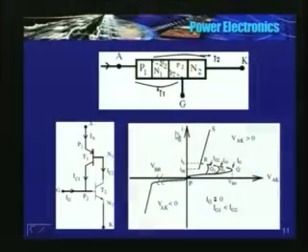So therefore, when it is reverse biased, the entire voltage should be blocked by J1. Now I will show you the characteristics. Before that, maybe I will try to show you the two transistor analogy.